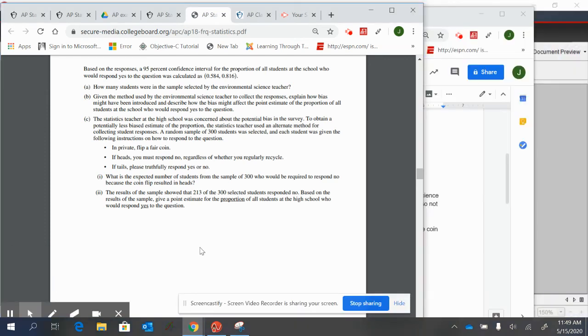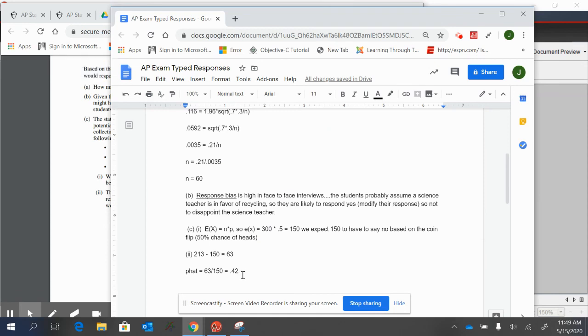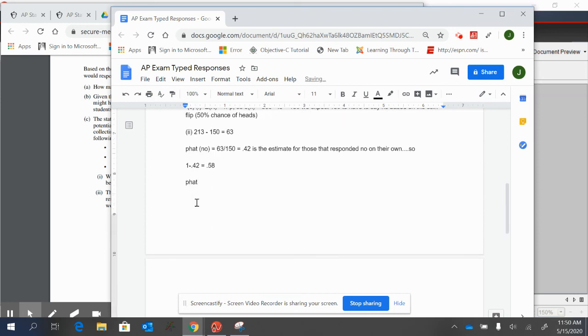Okay, so I found the ones that said no. 0.42 would be the estimate of those that responded no on their own. So 1 minus 0.42 equals 0.58. P hat for yeses equals 0.58.